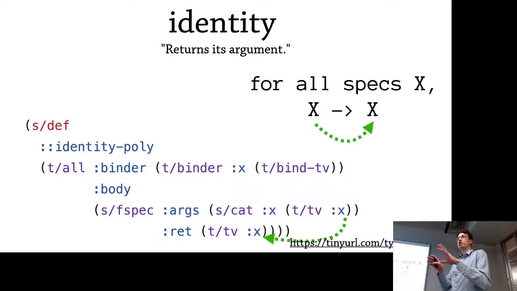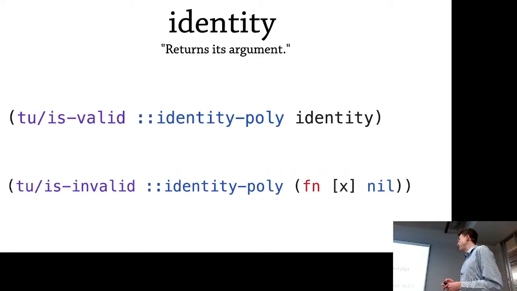I'm not going to go into a lot of detail about how this works under the hood. Maybe we can do questions afterwards. But the thing we can do now is rely on the computer to tell a good identity function from a bad identity function. I've just pasted this from the test suite of typed.clj.spec.